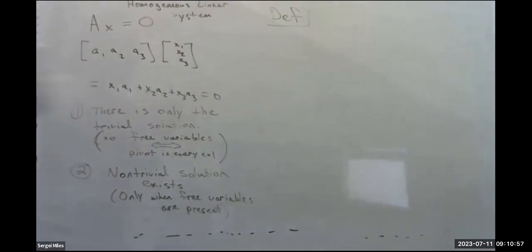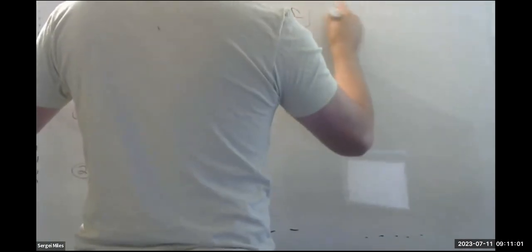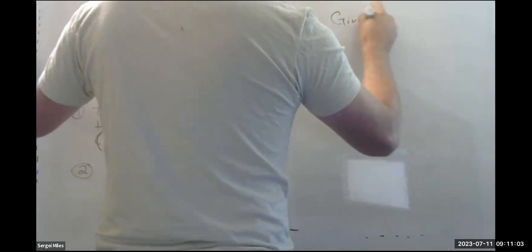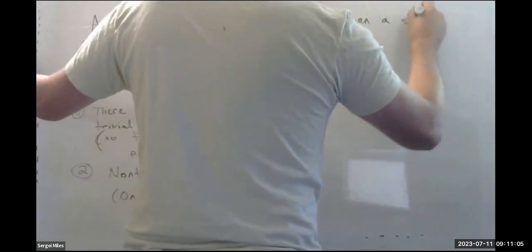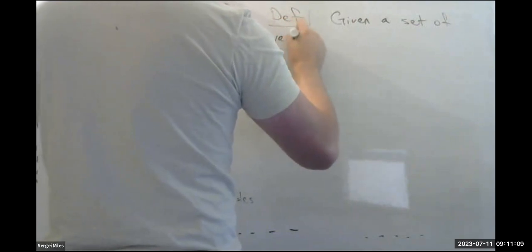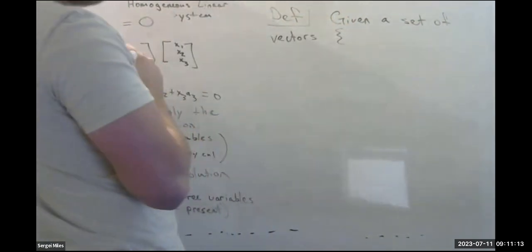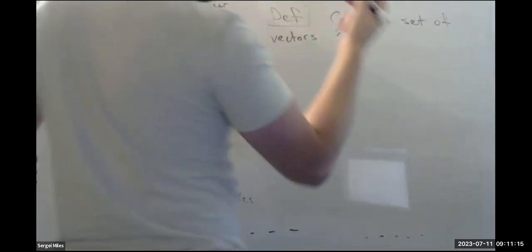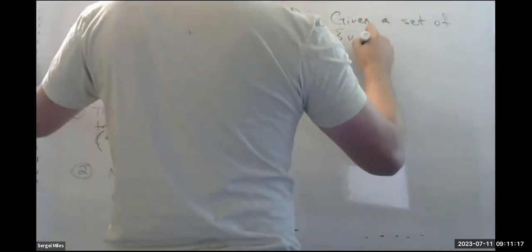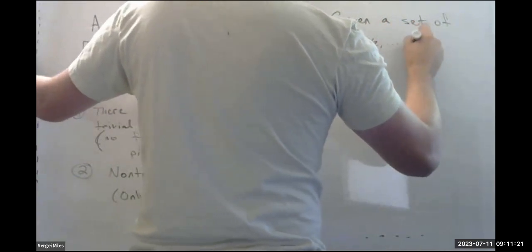So here's our definition. Given a set of vectors, so I'm using curly brackets since that's set notation. This is a set of vectors, v1, v2, ... vp.